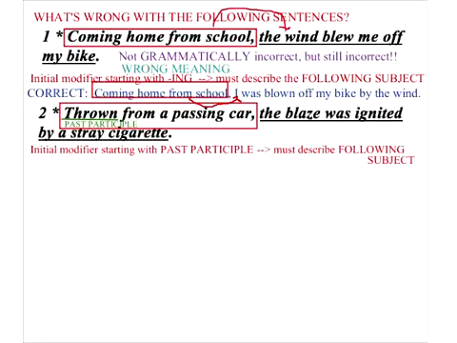So the correct version would be something like, "Thrown from a passing car, a stray cigarette ignited the blaze." We don't need to write that part again. Smiley face if this makes sense. Questions, type them in the text box, please.